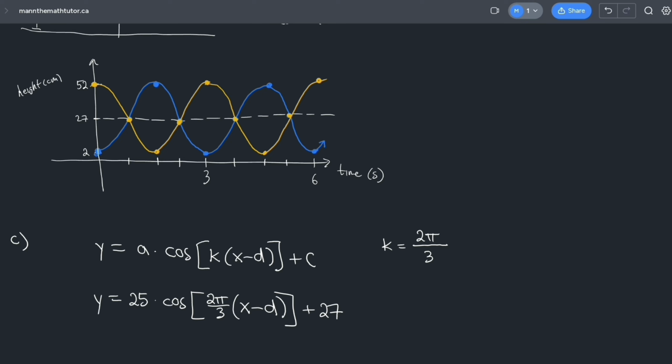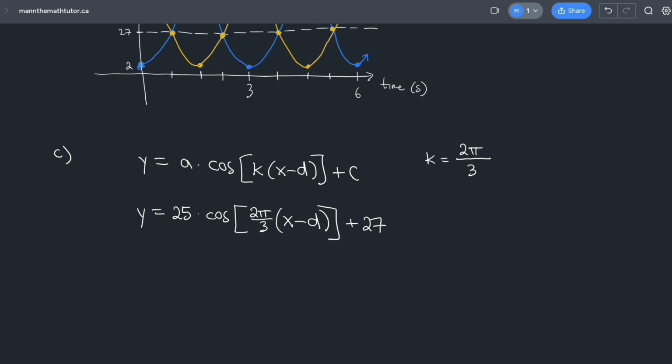Our graph, the blue graph, is actually just a reflection of this. If you can imagine the cosine version of this graph just being reflected, it would overlap exactly on top of this blue graph right here. And there wouldn't be any phase shift that's needed, because at that point the graph starts exactly where a negative cosine graph would, right at the minimum.